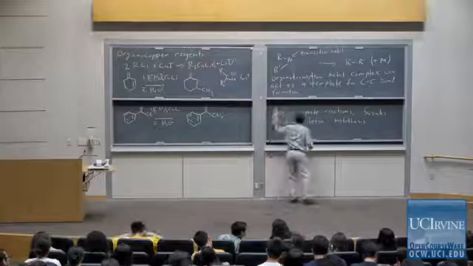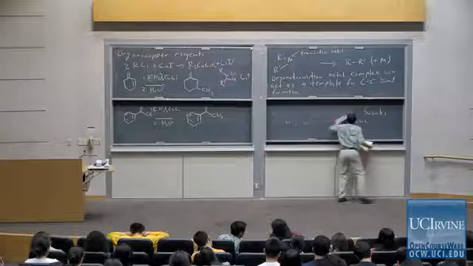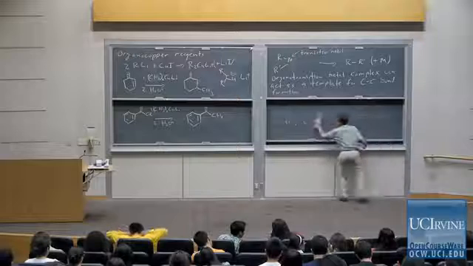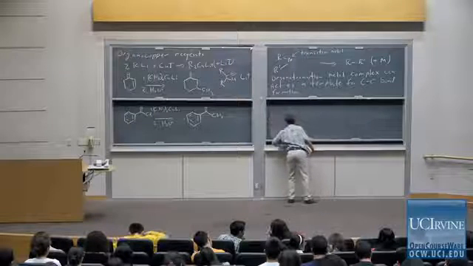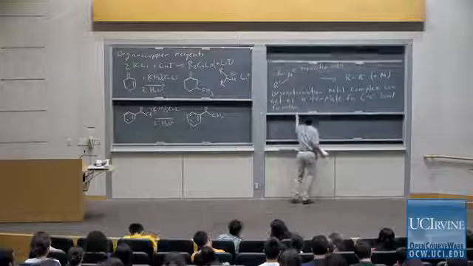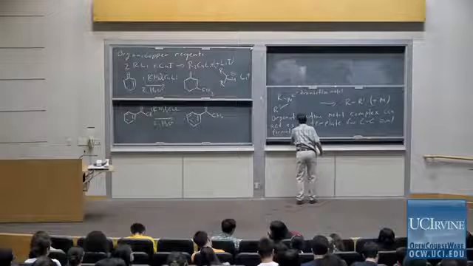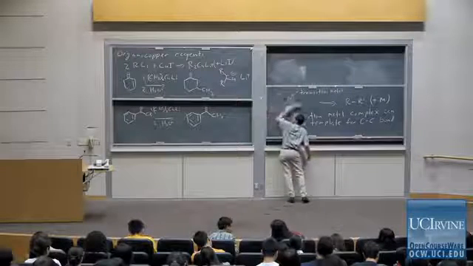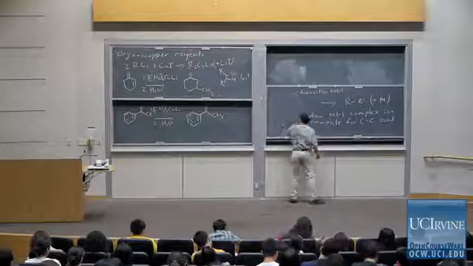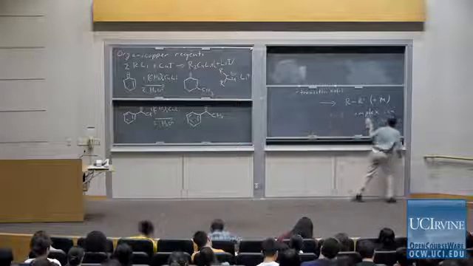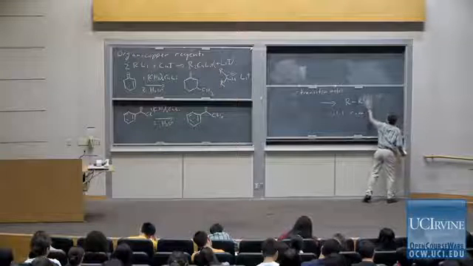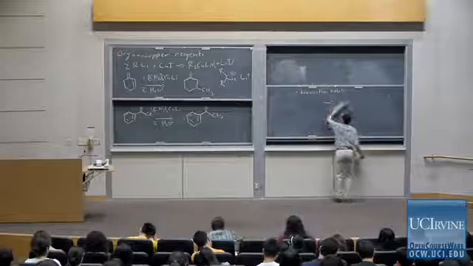What I want to do now is to discuss another carbon-carbon bond-forming reaction that was developed later, I think in the 60s, that gives us something that's less recognizable in terms of conventional nucleophile-electrophile chemistry.